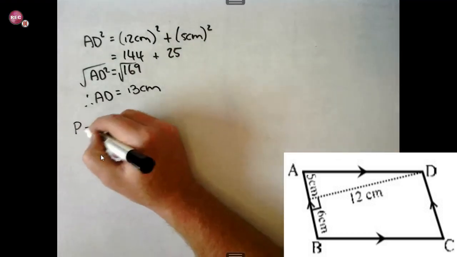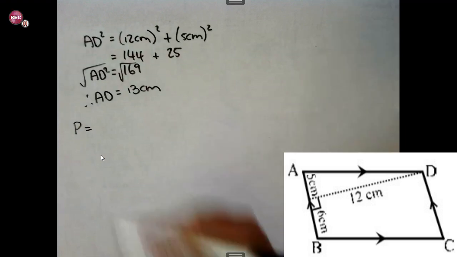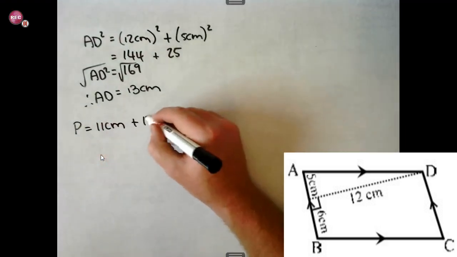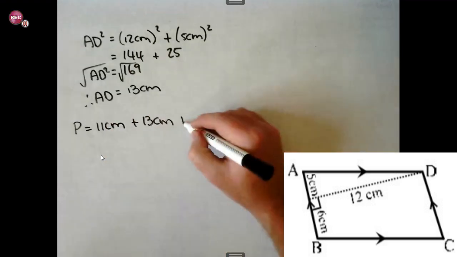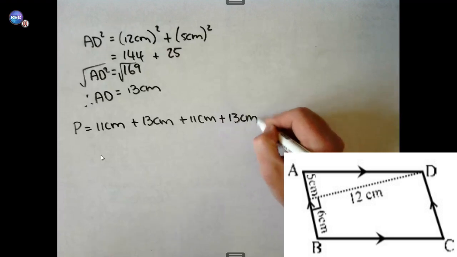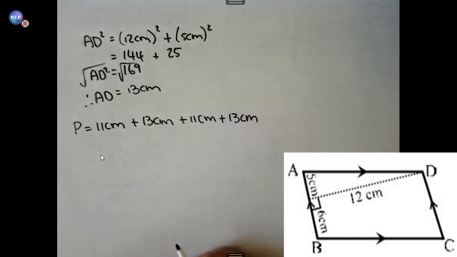You can use the long method, where you say 11 centimeters plus 13 centimeters plus 11 centimeters plus 13 again. That's a very long method, the way that you would also be taught in primary school to calculate a rectangle perimeter.